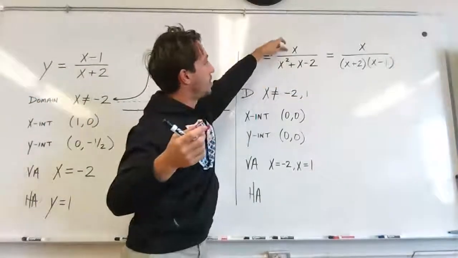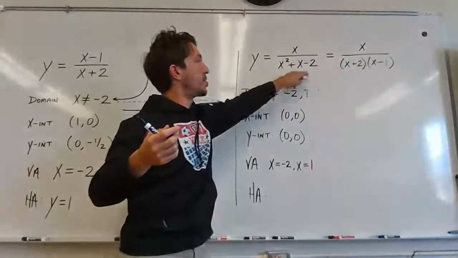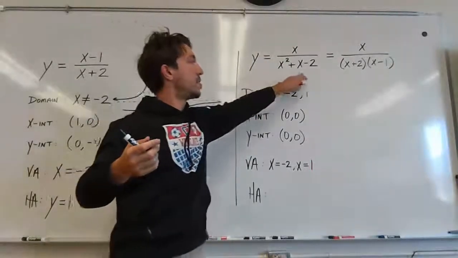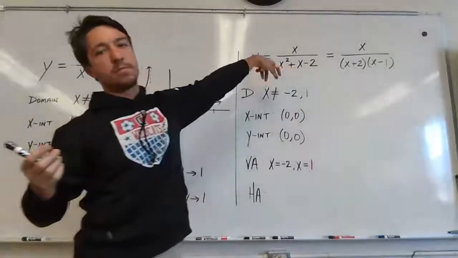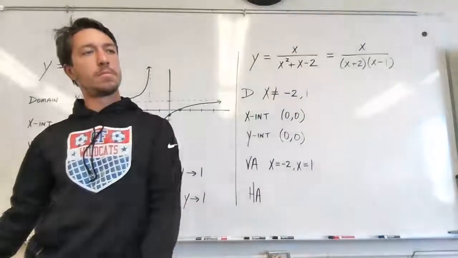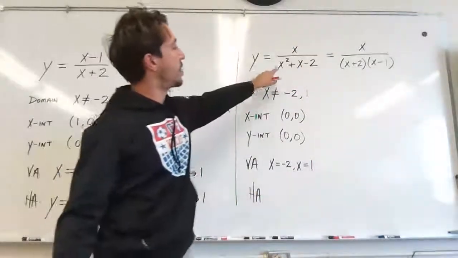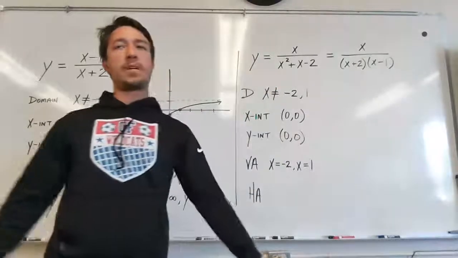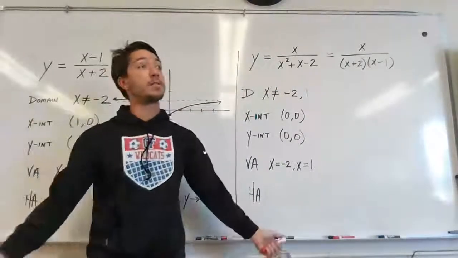Well, the top's 1,000, and the bottom is going to be awfully close to what number? If x is 1,000, not 1,000, because this first thing squares it. What's 1,000 squared? A million.